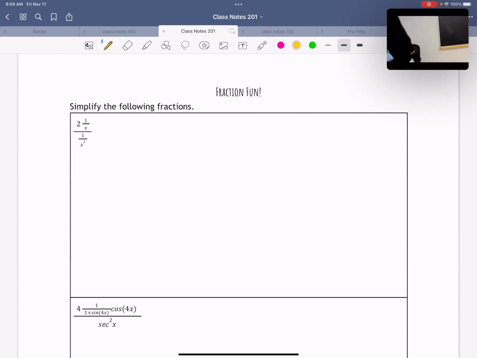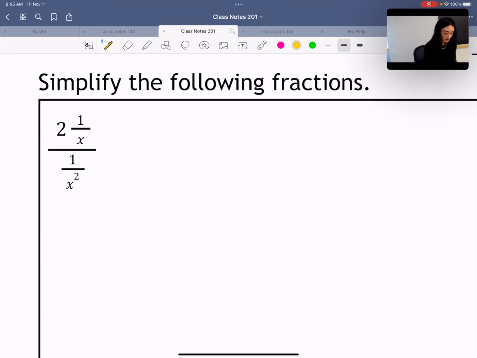All right, so whenever we have a bunch of fractions going on at once, like a fraction on top and a fraction on bottom, what I like to do is make one big fraction over another big fraction. What I mean by this is I have a 2, I have a 1 over x, and I have a big line that says over, and then 1 over x squared here.